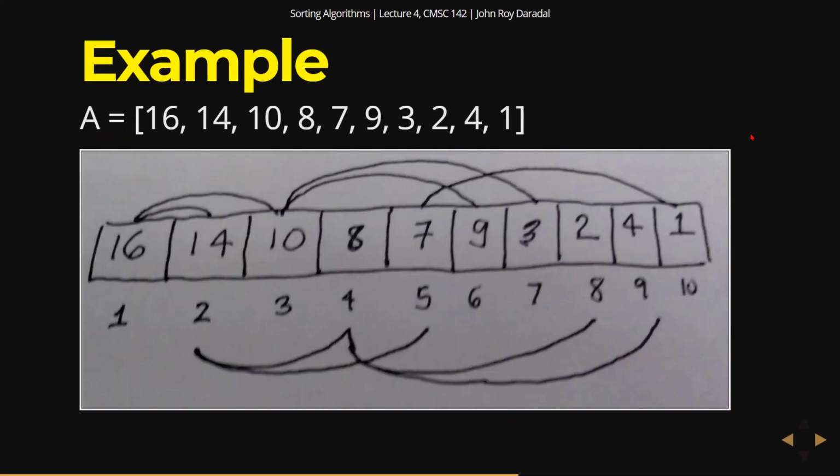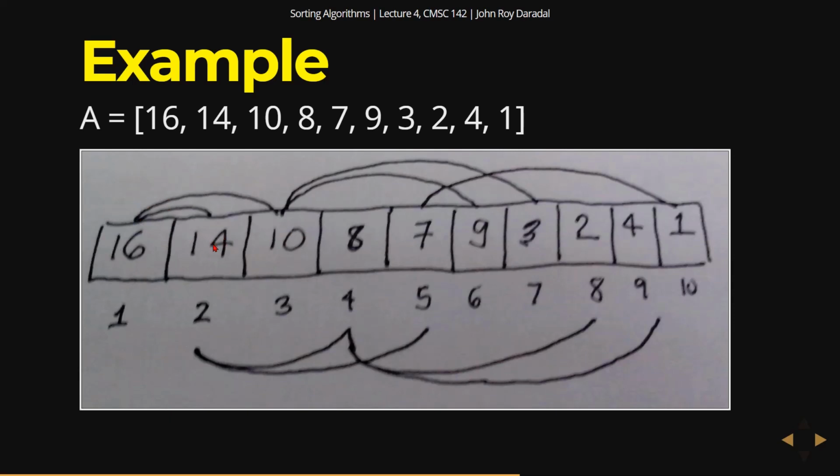So putting all of that together, this one would be the root because it's at index 1, 16. And then if it's the left child, times 2, so it's at index 2 basically. So this is the left child, 14, and then the right child is at 2 plus 1, which is at 3.